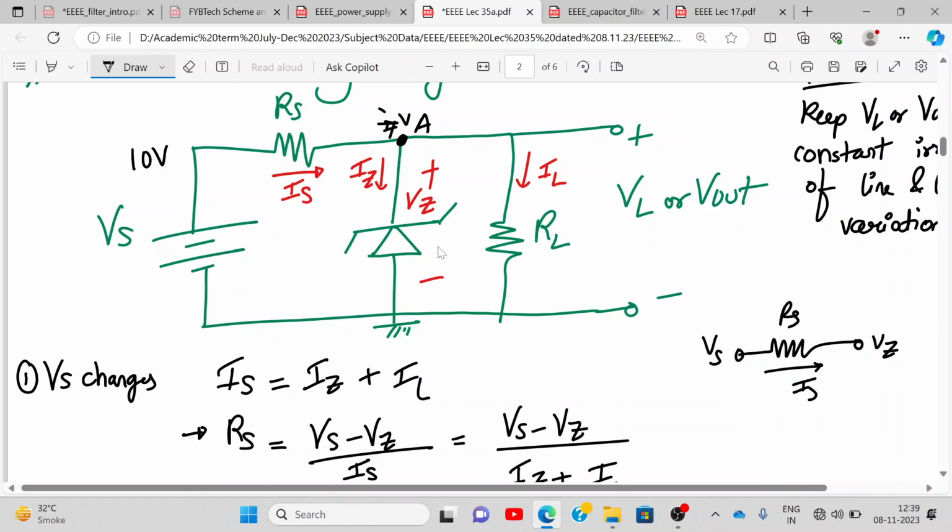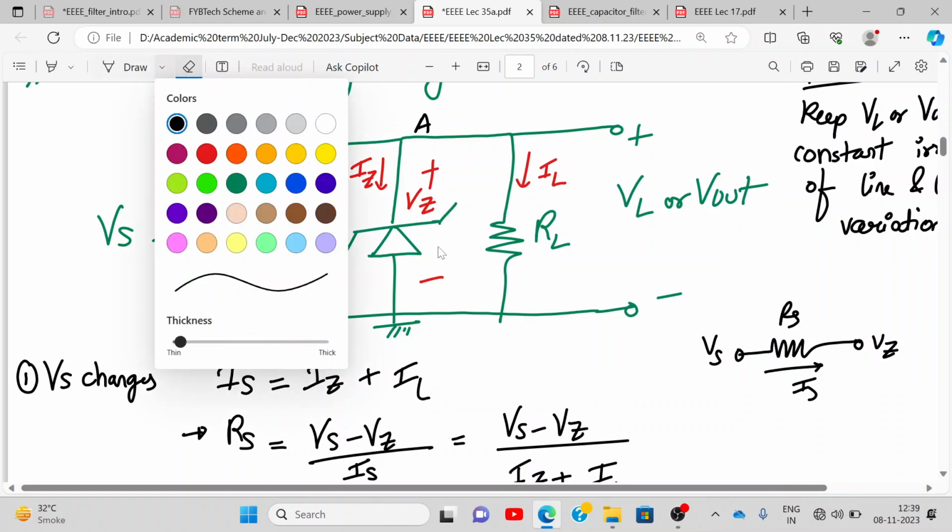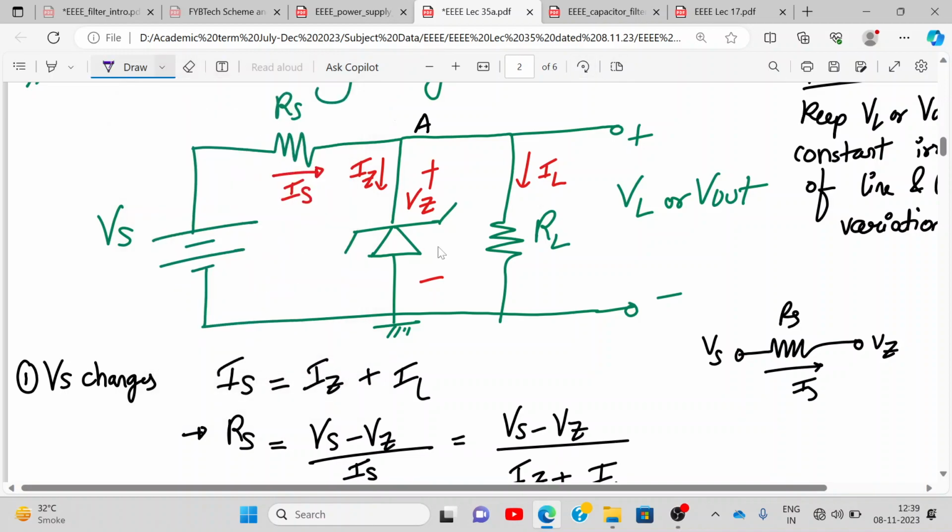Because some voltage is dropped across the resistor Rs also. Yes or no? So basically the general norm is Vs voltage should be 2 to 3 volts higher than the Zener voltage. So for proper operation of Zener, number one condition is Vs voltage should be greater than Zener voltage.